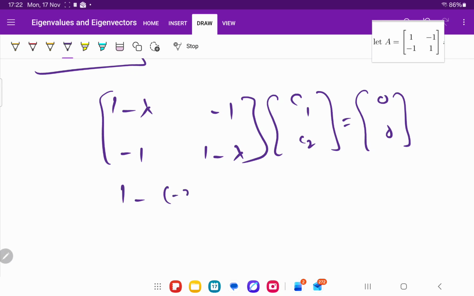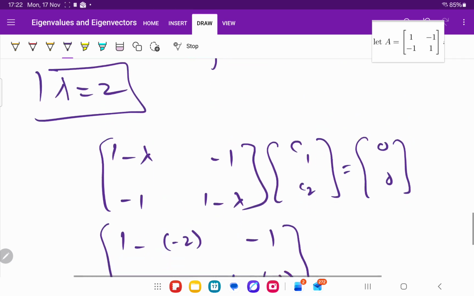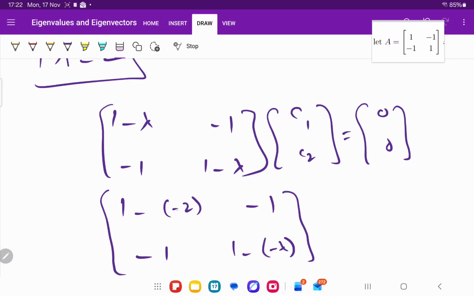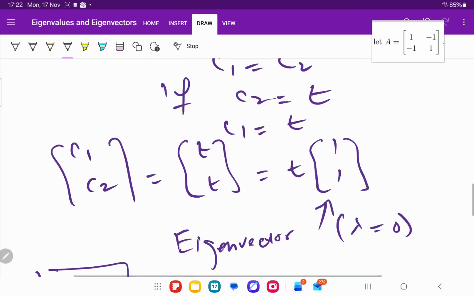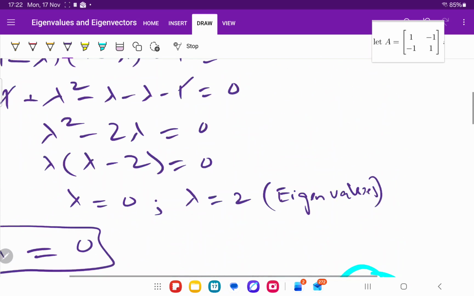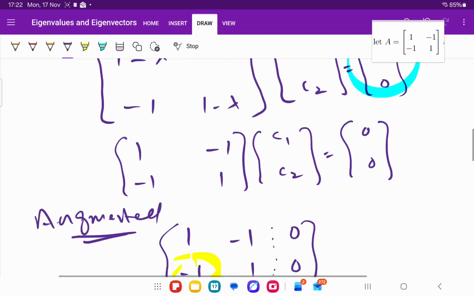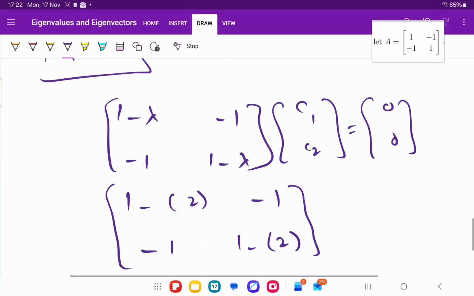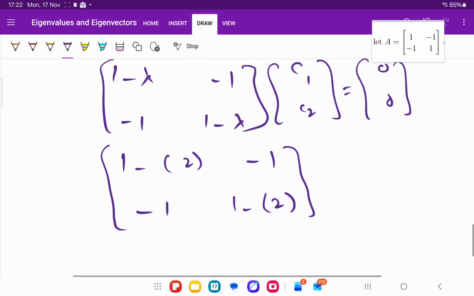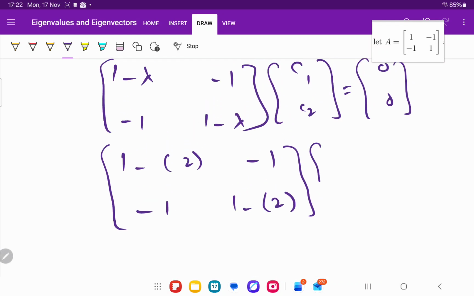So 1 minus 2, minus 1, minus 1 and 1 minus 2. So wherever we have identified lambda, we have placed 2, not minus 2. It should be 2. Let me check again if it is correct. Yeah, it is 2. So we have placed a value which is 2 against the lambda.